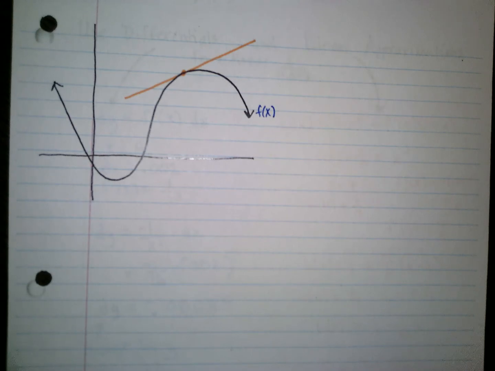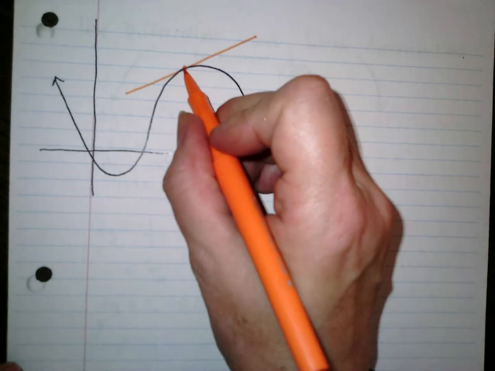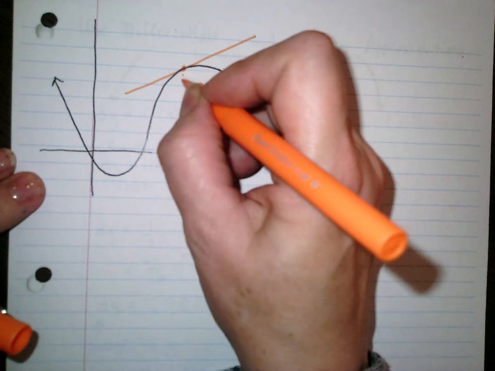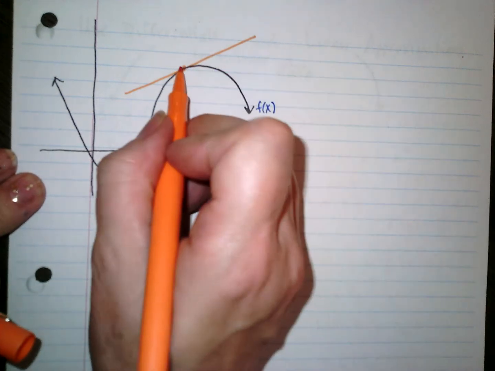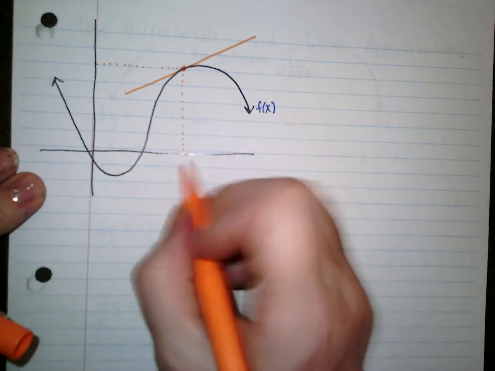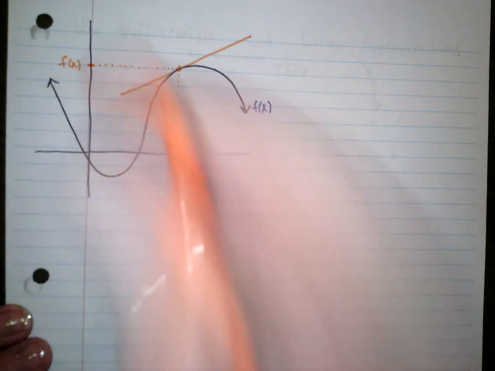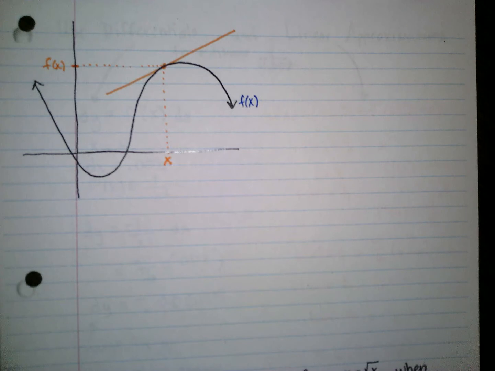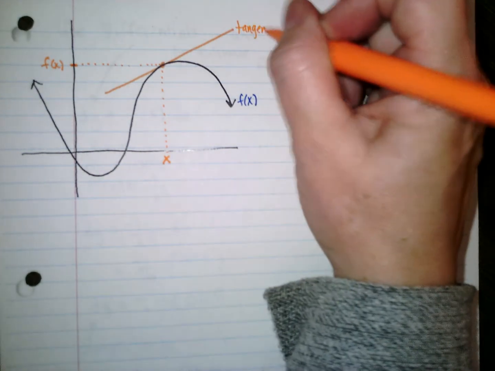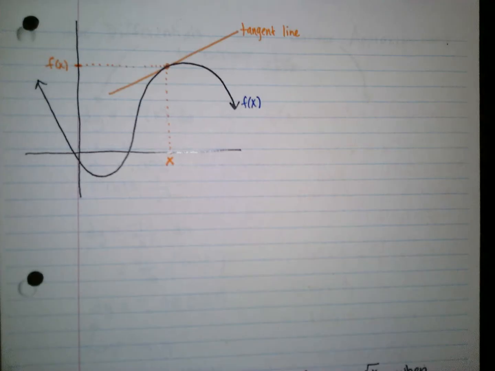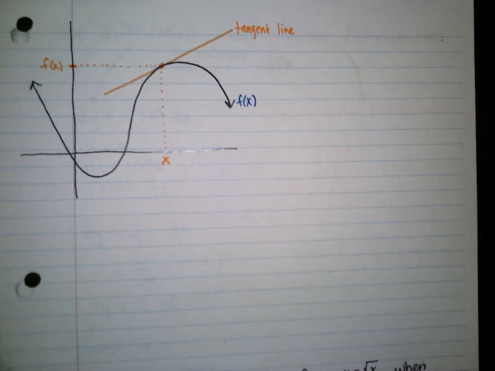Going from this little dot and over, this is going to be my starting value. I'm just going to call it x. And then this over here would, of course, be f of x, because it's the height of my function at that x value. Now, this is my tangent line. And right at that point, x, f of x, the function and the tangent line have exactly the same value.